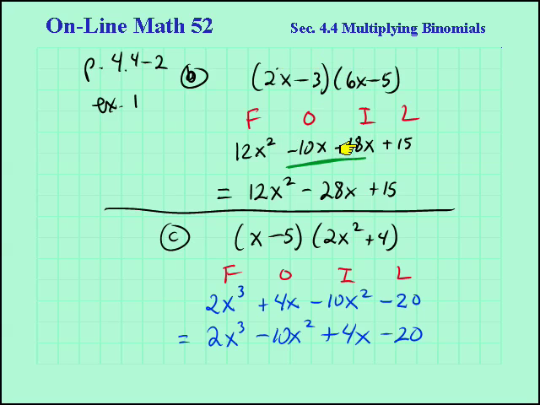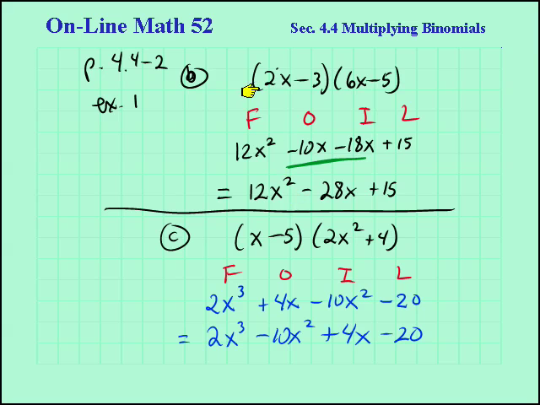And so I'm going to encourage you to think about these and do this in one step, going from binomial times binomial to the ending trinomial, recognizing that the outer product and the inner product are going to be, I shouldn't say the same, but they'll be like terms, and we'll be able to combine them.